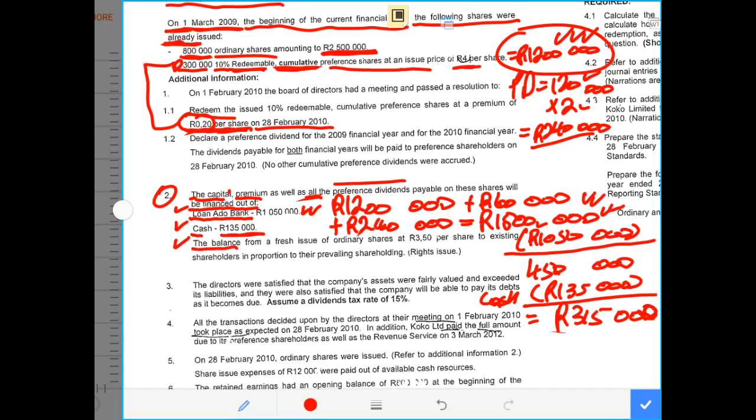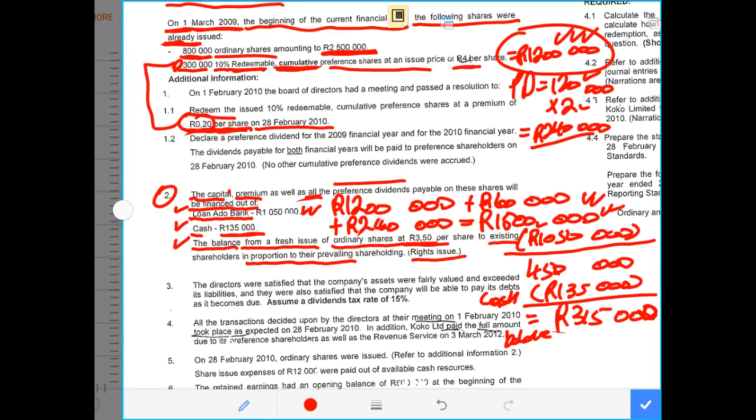They say the balance, that is the balance that is left now, still needs to be raised. The balance from the fresh issue of ordinary shares at 3 Rand 50 cents per share to existing shareholders, in proportion to their prevailing shareholding. And they say rights issue.